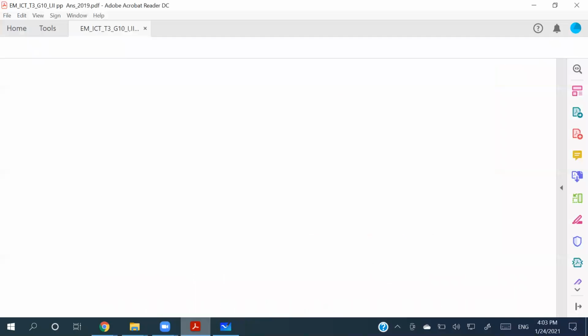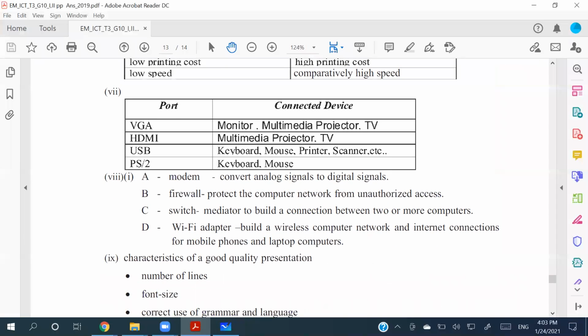In the marking scheme, the modem converts analog signals to digital signals and does the reverse as well, that is modulation and demodulation. A firewall protects the computer network from unauthorized access. A switch is a mediator that builds a connection between two or more computers. A Wi-Fi adapter builds a wireless computer network and internet connection for mobile phones and laptop computers. You should have that idea.